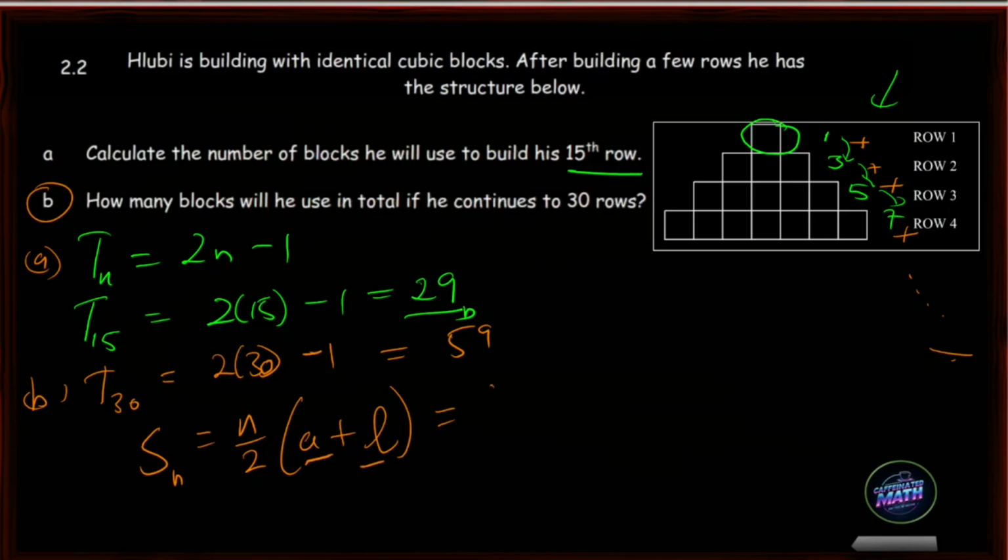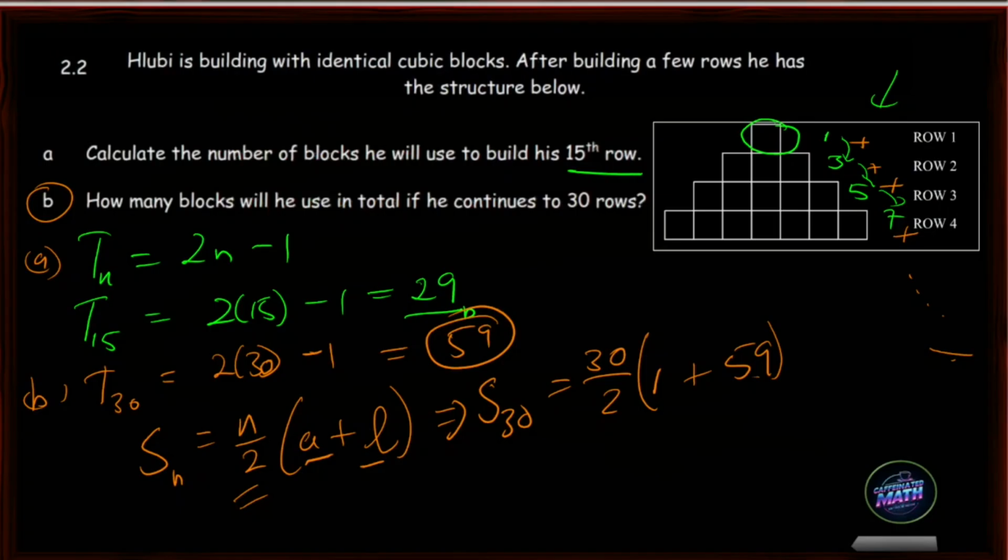That means the sum to 30 is 30 over 2, for that term. Our first term in row 1 is 1 block, plus we just calculated how many blocks there are in row 30. That is 59. So that gives us 15 times 60. And that's just equal to 900 blocks.